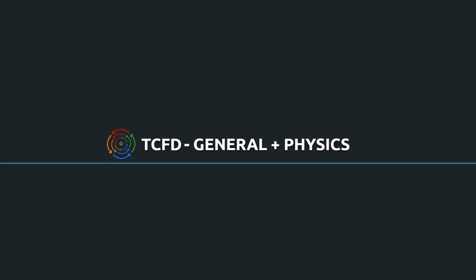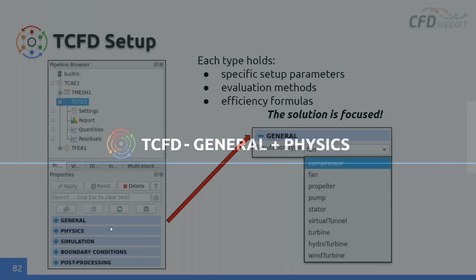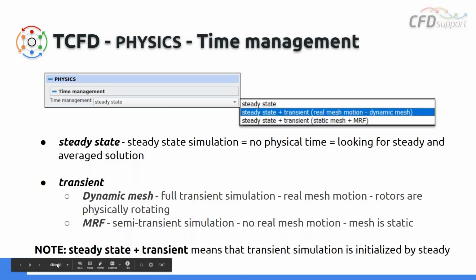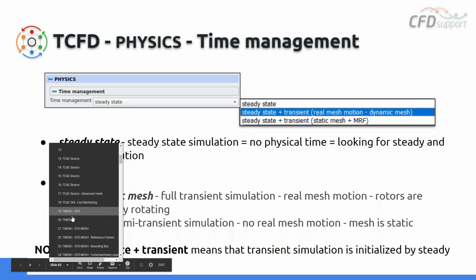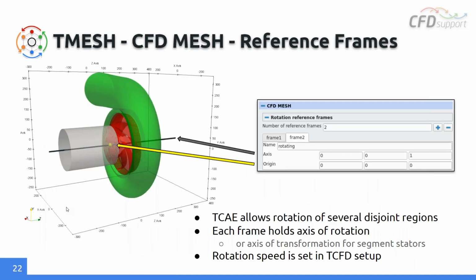What is it? Sometimes I will use my presentation. The reference frame is described here. Reference frames basically define the axis of rotational symmetry, and at the same time they define the axis of rotation. For example, for the segment case, we need to know the symmetry both for the stator part and the rotor part. What is the axis of symmetry by which the transformation is done to make a full wheel from the segment part?